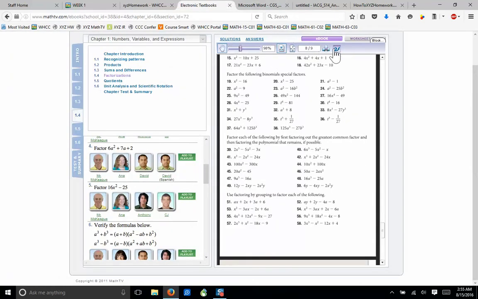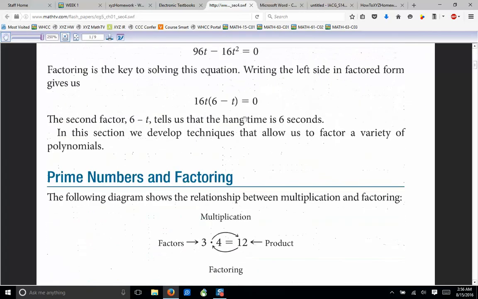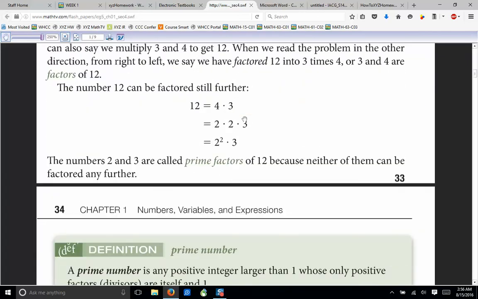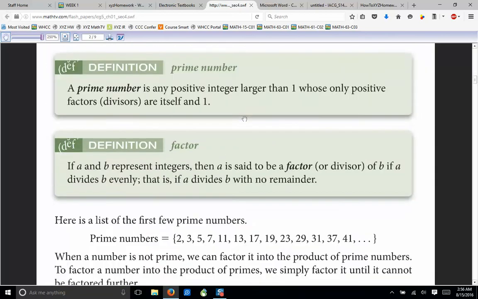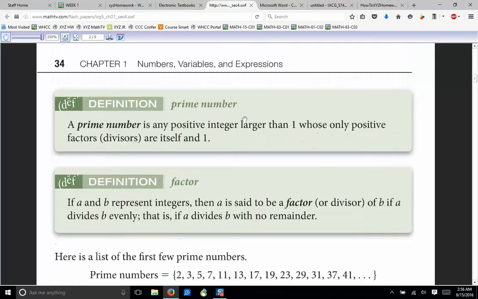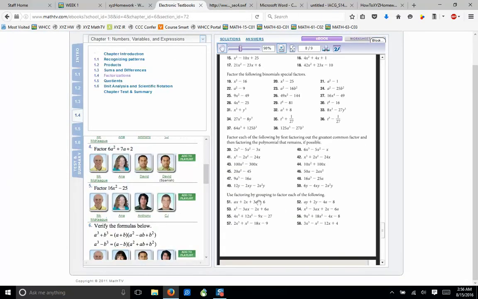All right, and the other thing is some students like to see a bigger version because this is a little bit too small. So if you click on here, it opens up a new window and it makes it bigger, especially if you're doing it on an iPad or a phone and you want to see the textbook. Maybe this would be the best way to see it right here. Okay, so there it is.